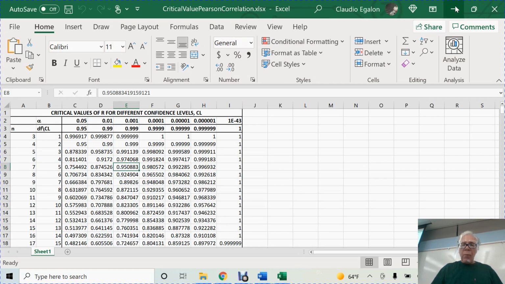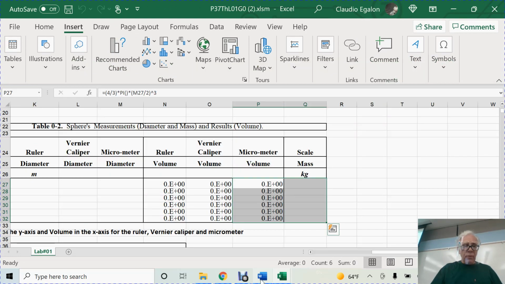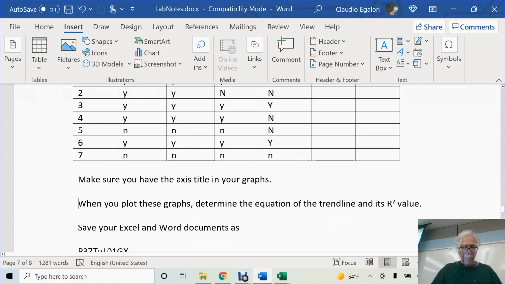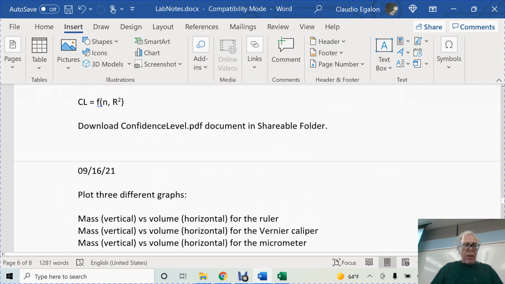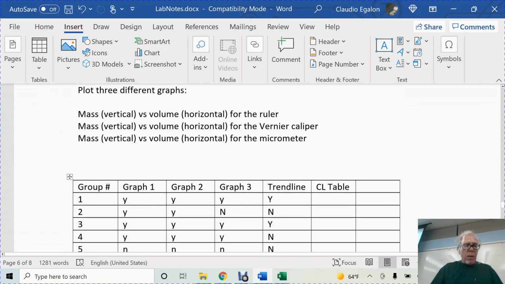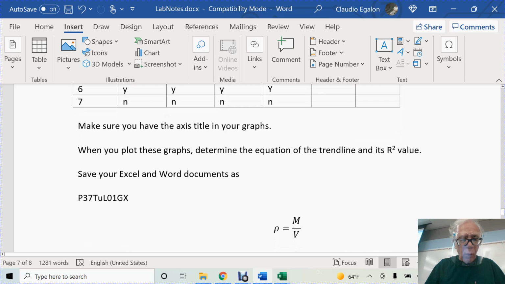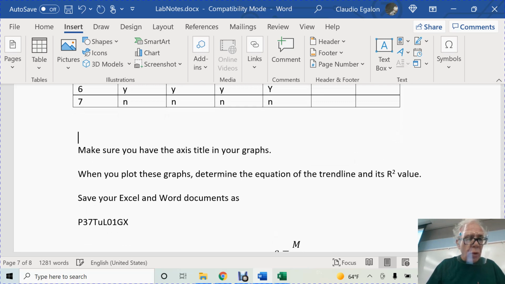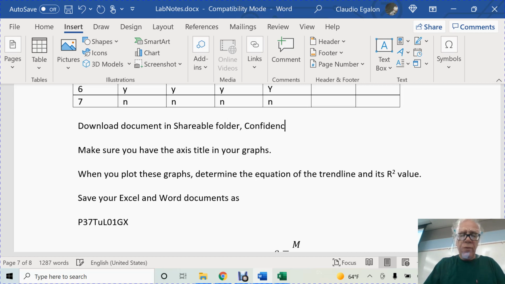Okay, while you are at that, if you folks could do something else too, in addition to plotting the graph: download the document in the shareable folder, confidence level.pdf.